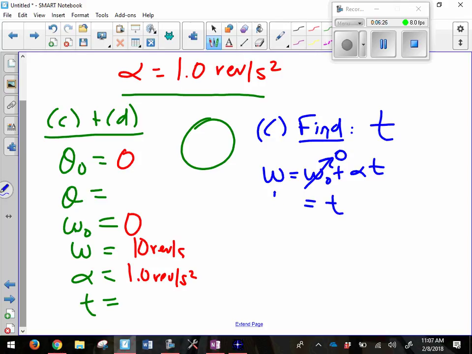So t is going to be omega over alpha, or 10 revolutions per second divided by 1 revolution per second squared. So how long is this going to take? 10 seconds. Right? We good?